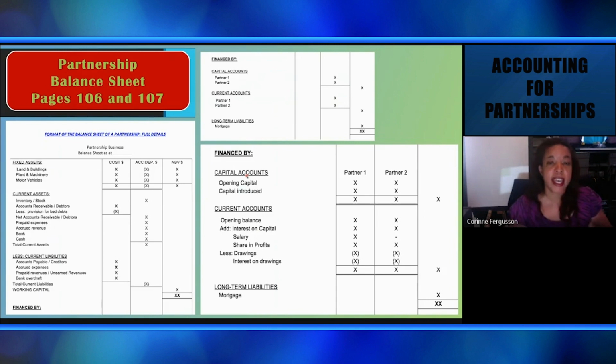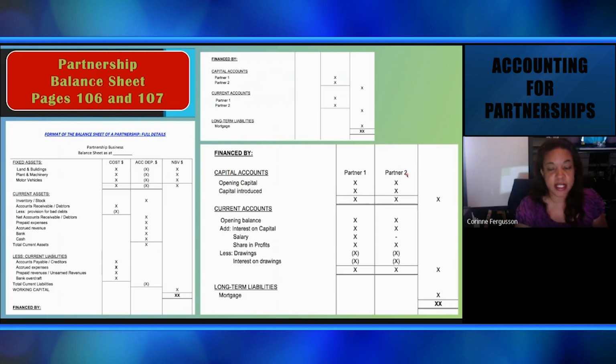So once again, if you do a current account and capital account, you have worked out your balance already. So all you have to do is to put your balance in the balance sheet. But if you have not done the accounts, that means you have to work out the balance. And where you work out the balance is in the balance sheet, the capital account section, by putting all these details.